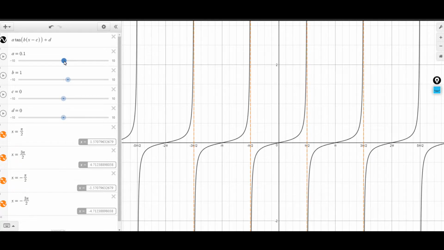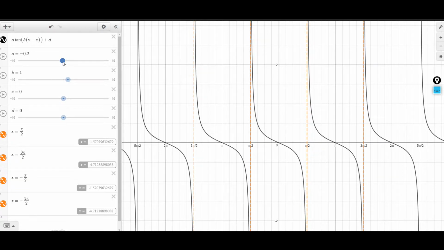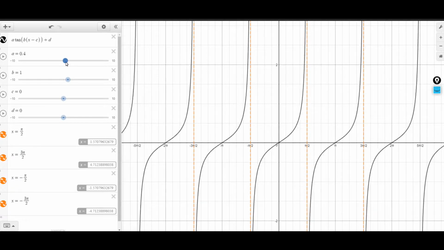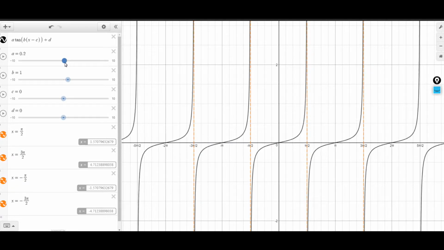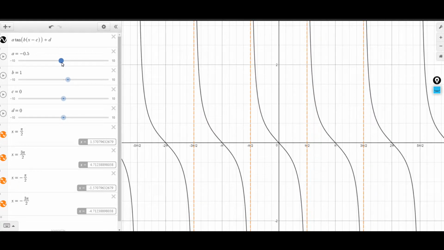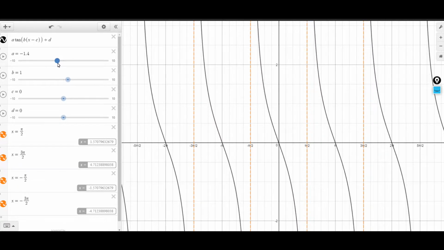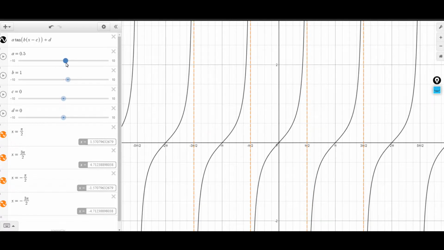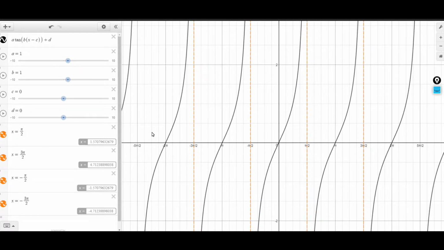And just for the sake of showing again what happens when we have negative A, because we know that's important to consider, our graph reflects. Hopefully you guys remember that it reflects across the y-axis. Still does the same thing though. Still changes the steepness. So I'm going to put A back down at 1. My asymptotes have not been affected by A. It's good to know. Then let's go to B.